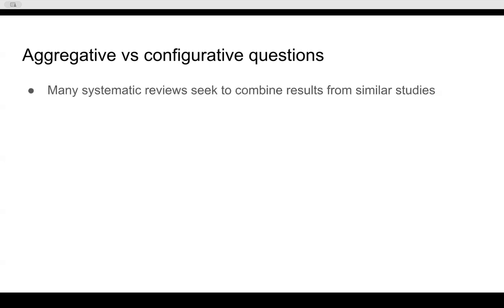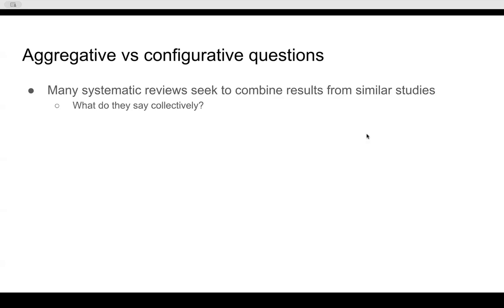But there's an important caveat to that, in that there is a spectrum between aggregative systematic reviews and configurative systematic reviews. I'll just explain that briefly because it does affect how we search and what methods we use. So most traditional systematic reviews, particularly in the field of healthcare intervention effectiveness, seek to combine the results from almost identical studies.